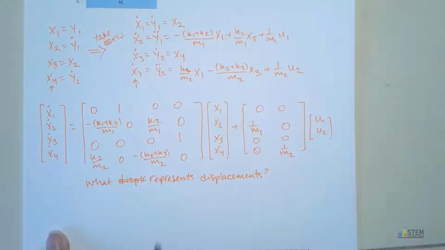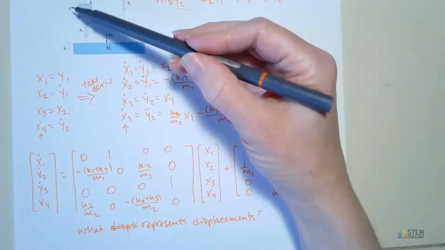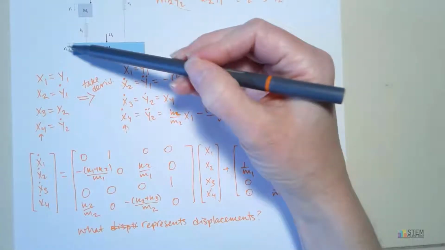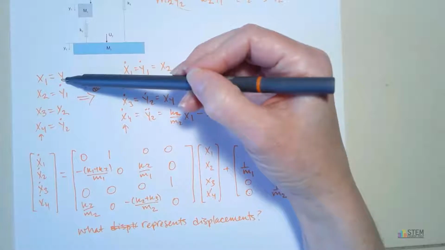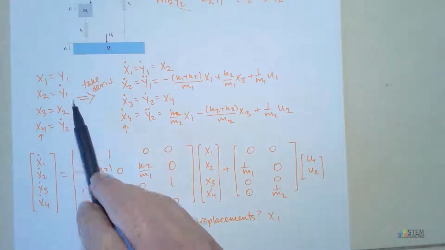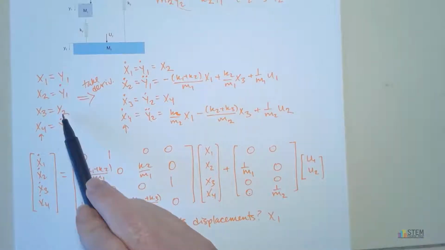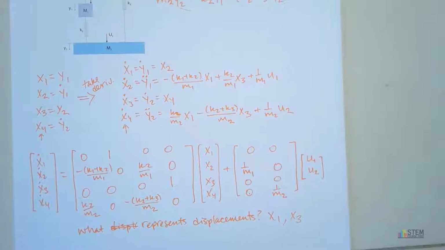So if we look over here, our displacement variables are y1 and then y2. Now come down here and figure out the variables. We said x1 was equal to y1, so that's one of them that we need. And then y2 is our other variable. Well, we said x3 was y2, so that's going to be the other one that we want.